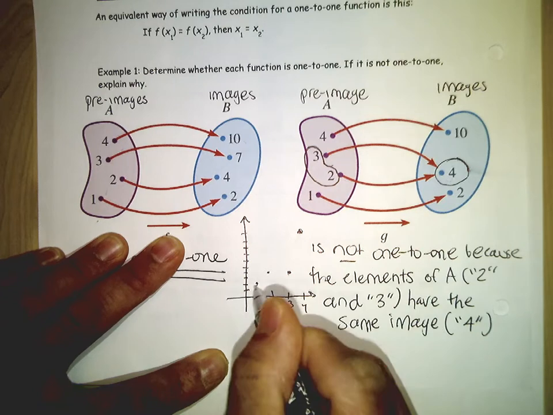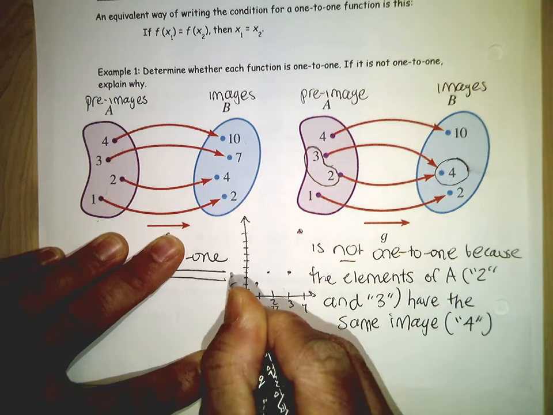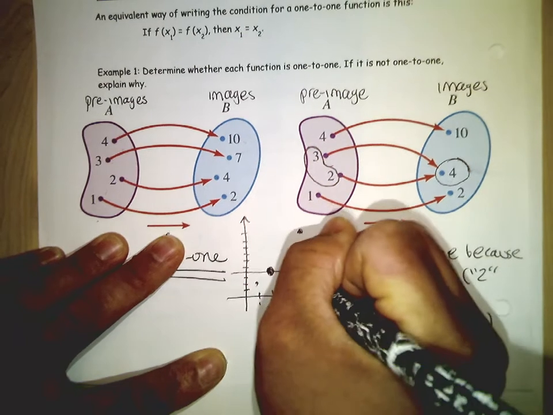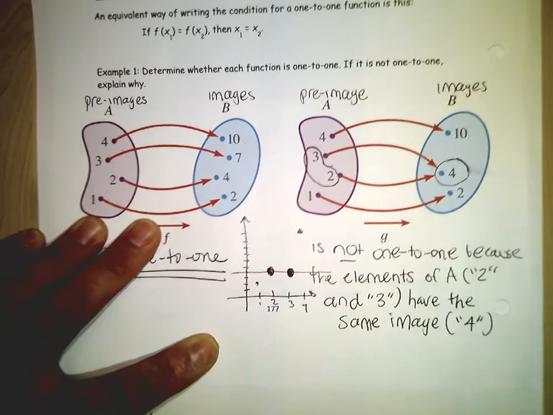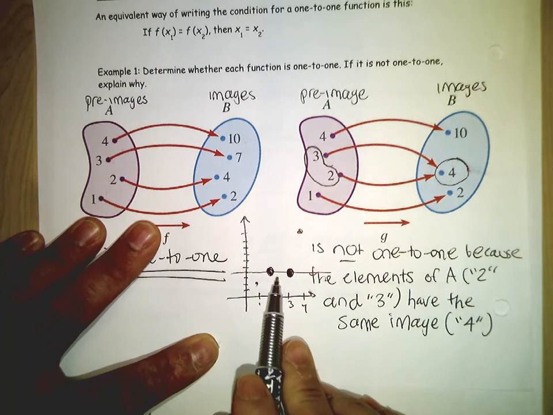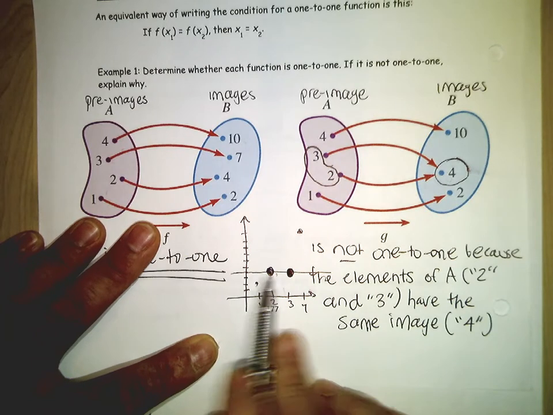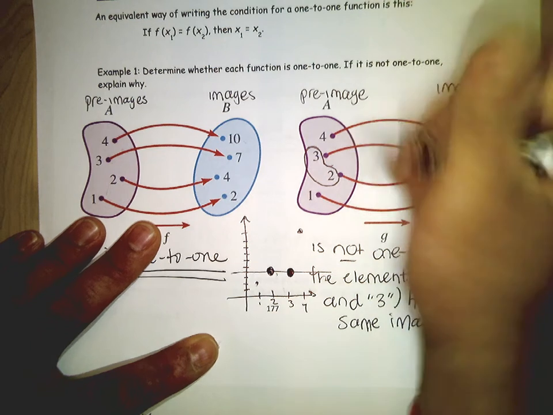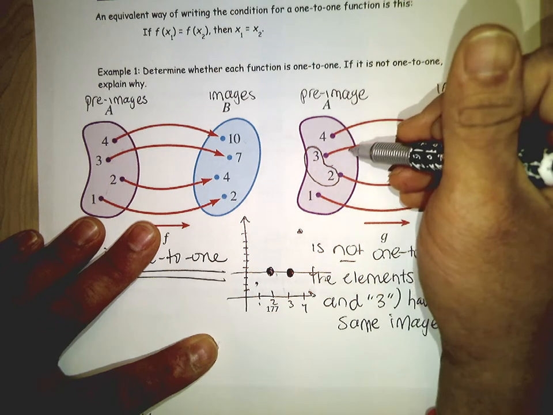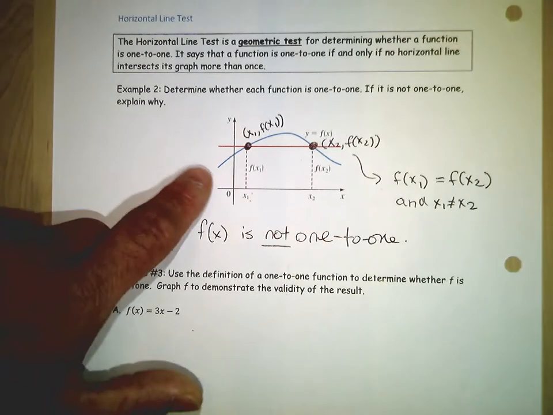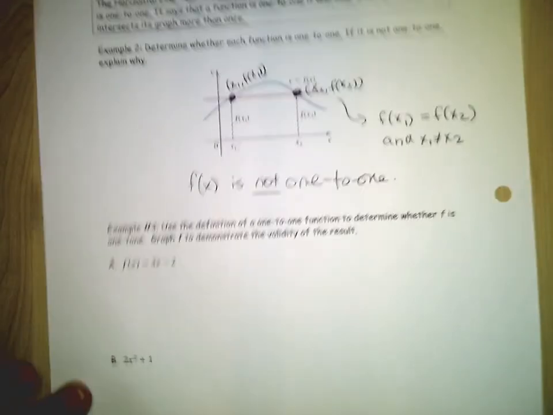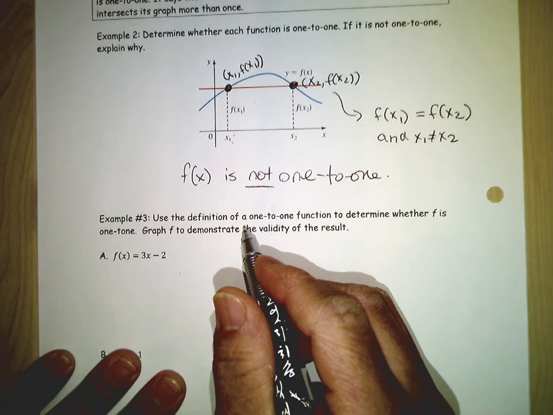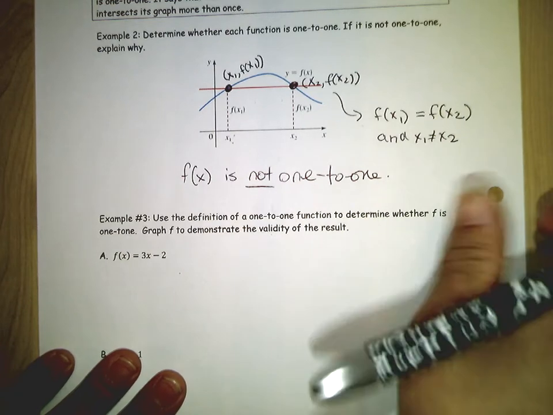You can see that the same principle applies: we could draw a horizontal line and see that two of the values had the same y value. So this is the same principle, but this was drawing it as an arrow diagram, and this was drawing it as a graph.